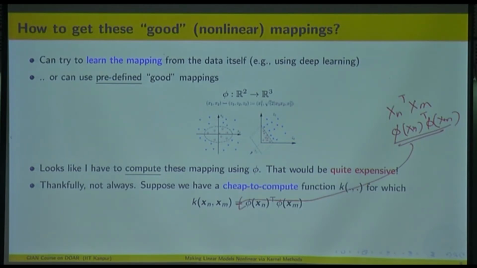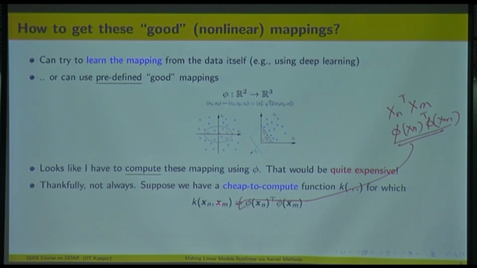So if all I care about is terms of this form, these terms can easily be computed in the new space, and I know that there is a function k that will allow me to compute this quantity without having to compute phi explicitly, okay? So that is the idea of implicit mapping.